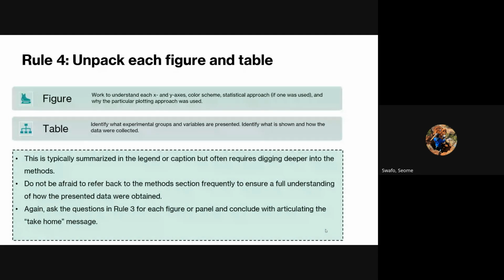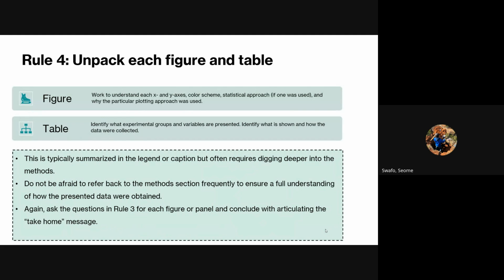When you understand that figure, you will then understand whether whatever these authors wanted us to see is coming through in the figure. Is the data showing us whatever motivation they presented to us? And then even the tables, you need to understand the tables.